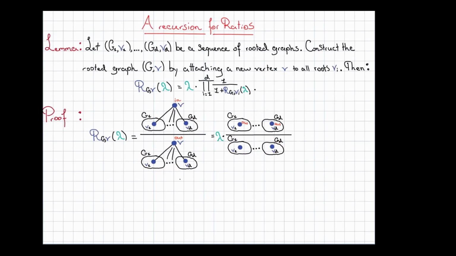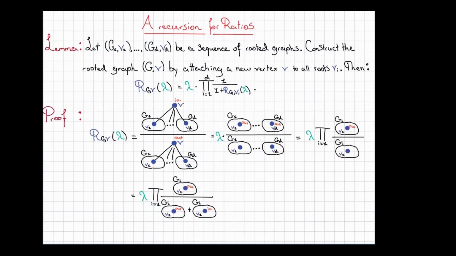That's just the independent set polynomial of these graphs, this disjoint union of graphs. Well, it's not hard to see that the independent set polynomial of the disjoint union of graphs is just the product of the independent set polynomials. So I can write that as the product of the independent set polynomials here. Well, on the bottom, I now just have the independent set polynomial of some graph, which I can split up as z in plus z out plus z in.